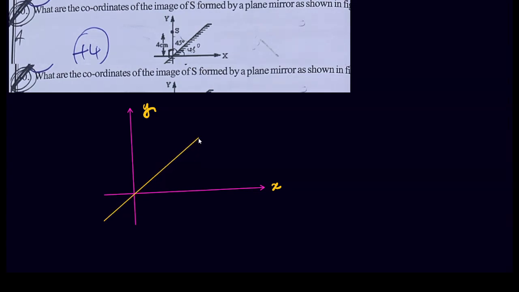This angle they have given us is 45 degrees. And here this is S.